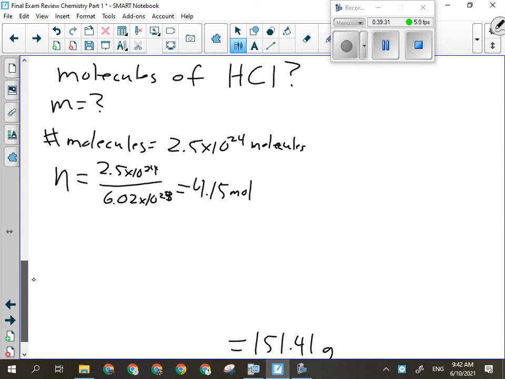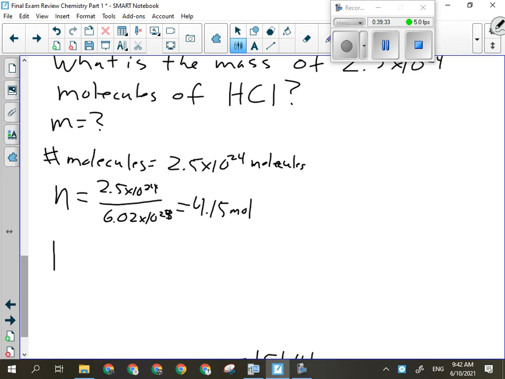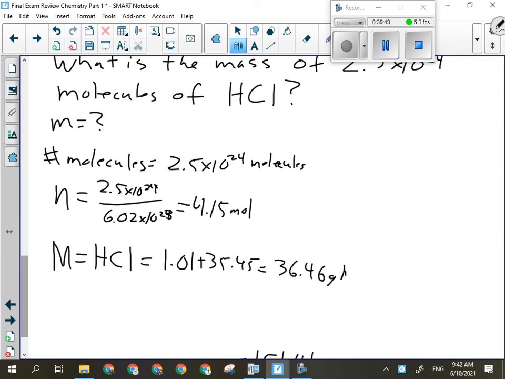The other thing the question told me was that this stuff is hydrogen chloride, so I can calculate the molar mass of HCl. That means 1.01, that's my hydrogen, plus 35.45, 1 chlorine, so that's going to be 36.46 grams per mole as my molar mass.